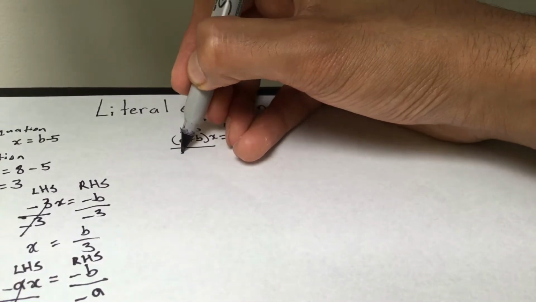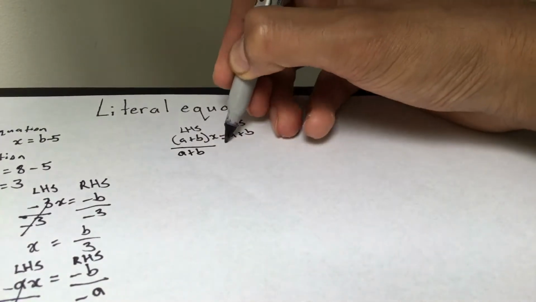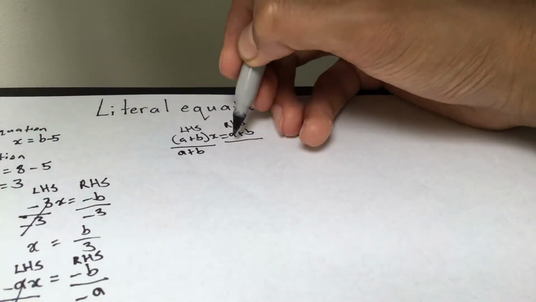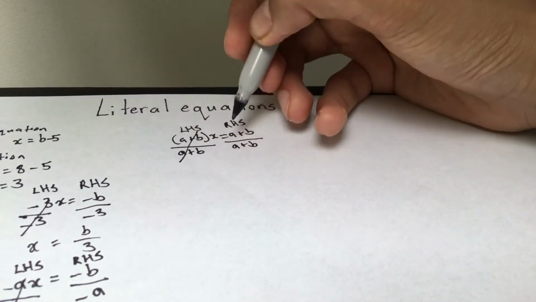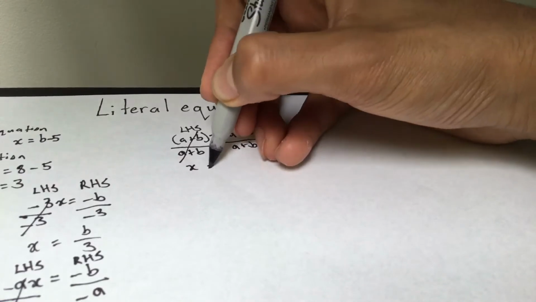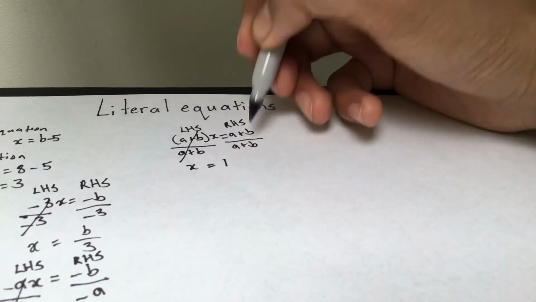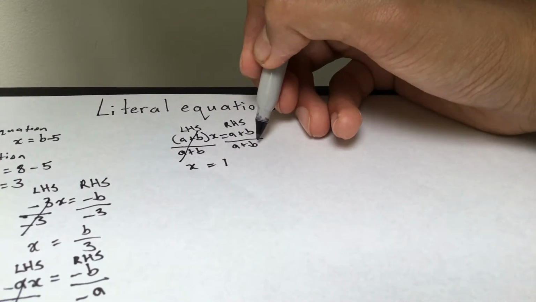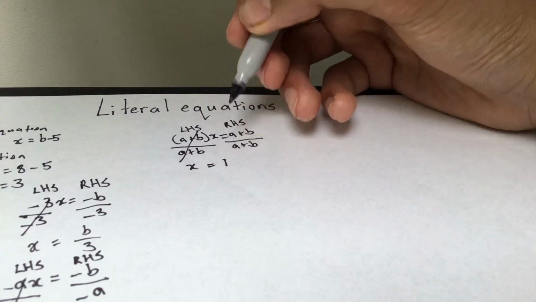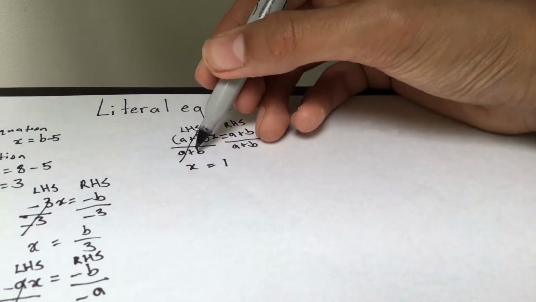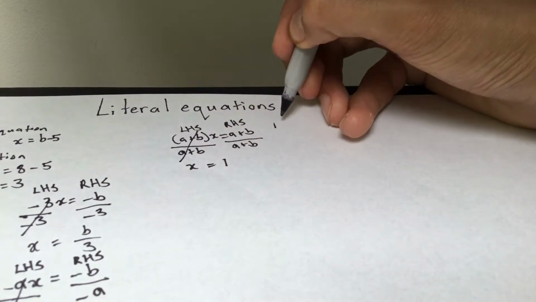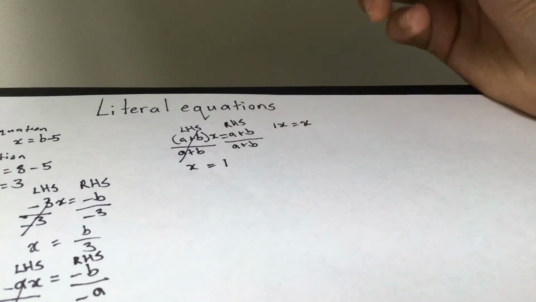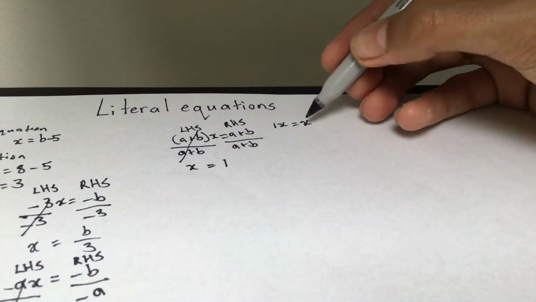By doing this, we're going to divide by a plus b on both the left-hand side and the right-hand side. That clears out a plus b, and we're left with x is equal to 1, because a plus b divided by a plus b is 1. And in this case, a plus b divided by a plus b is also 1, but 1x is the same as x, so it doesn't matter which way you write it.